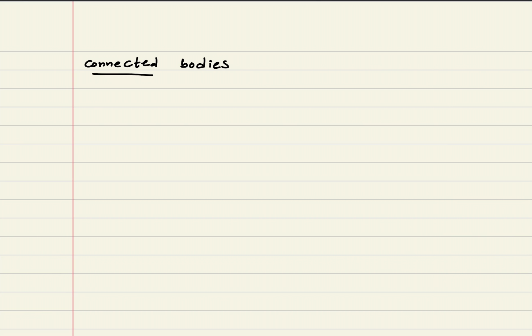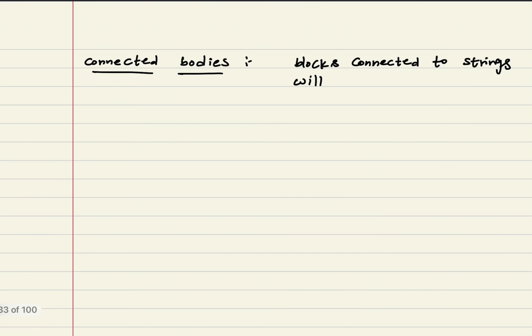Connected bodies. For connected bodies, we can see that when a number of bodies are connected, they move together. Usually blocks connected to strings will move with the same velocity. Same velocity or acceleration.